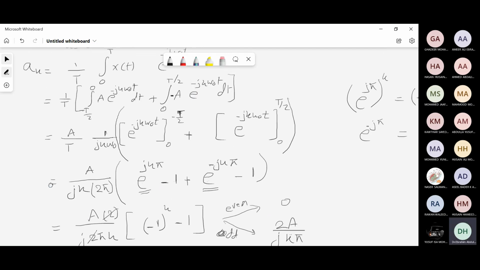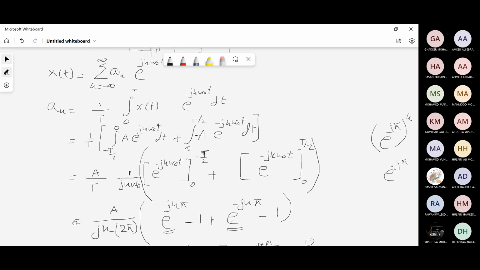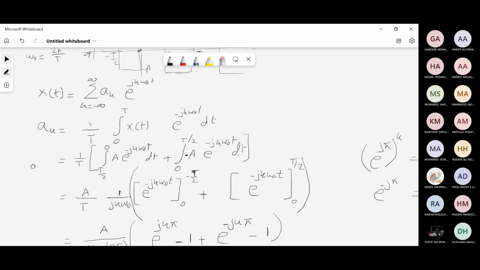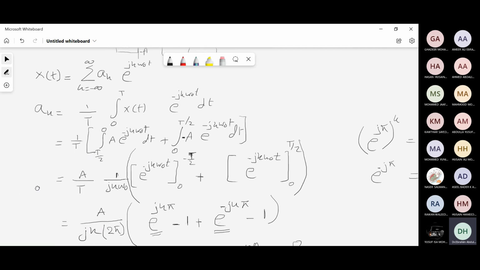I think you can search for a minus. There is somewhere we forgot to multiply by minus.